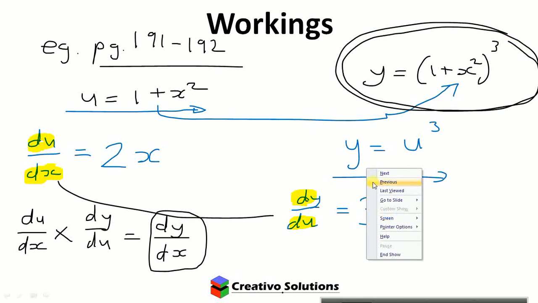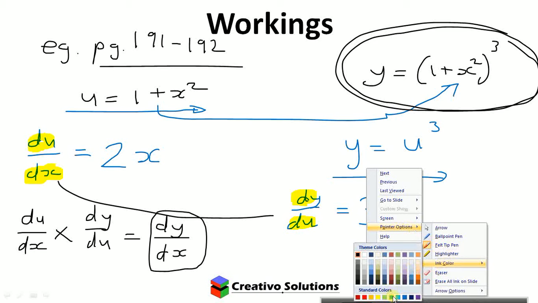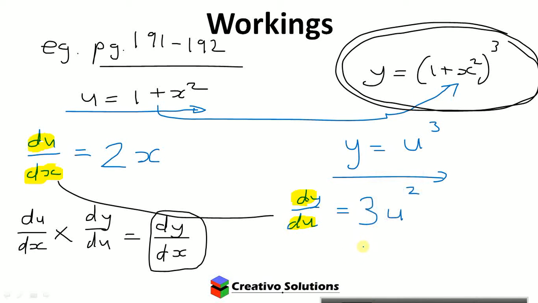So all I need to do now is show that multiplication. du over dx times dy over du equals... what is my du over dx? My du over dx was 2x, and I'm multiplying that by the 3u squared.